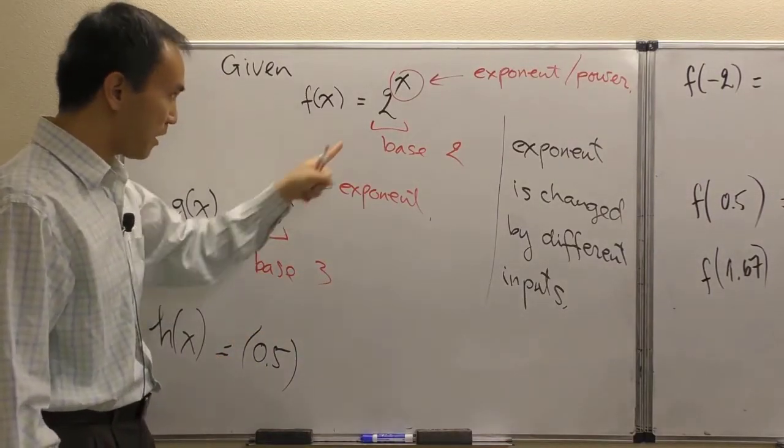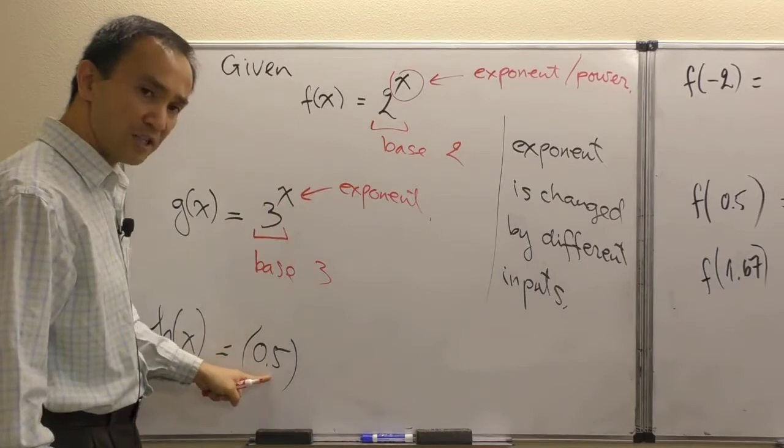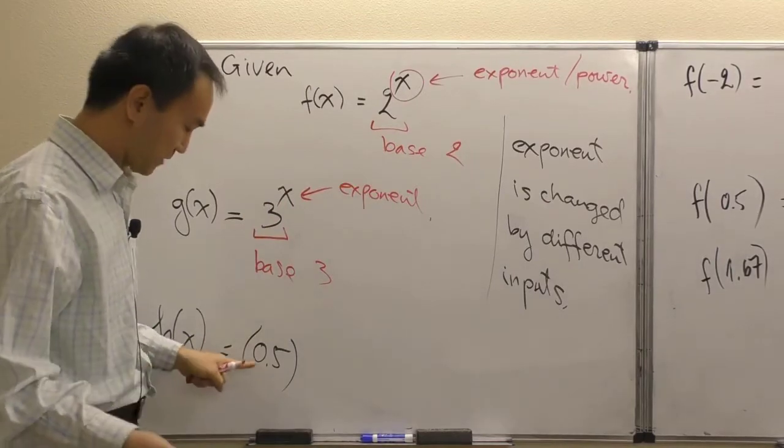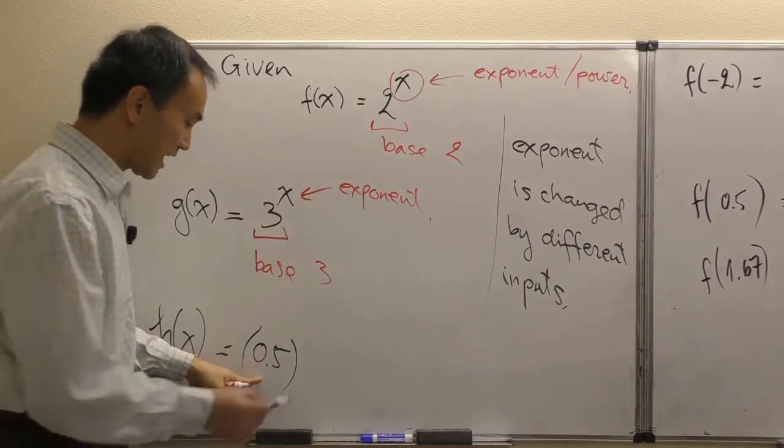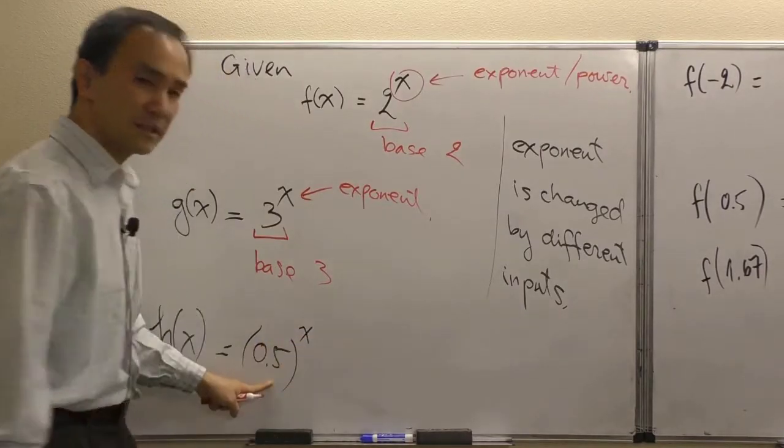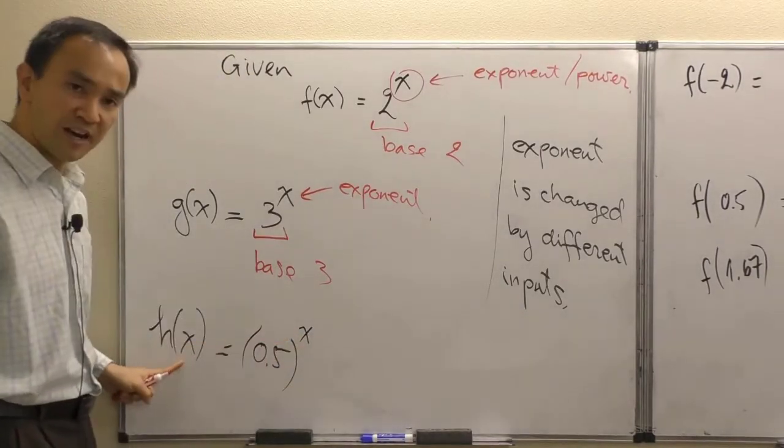We pick a positive number, and then we raise that positive number to the exponent being the input of our function.